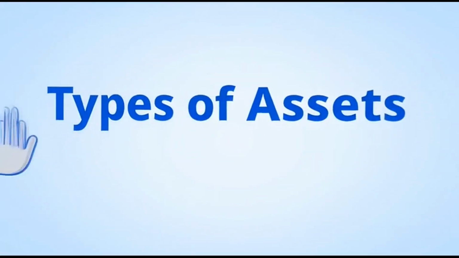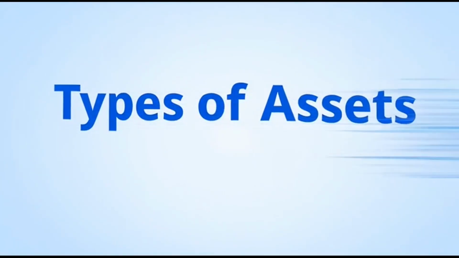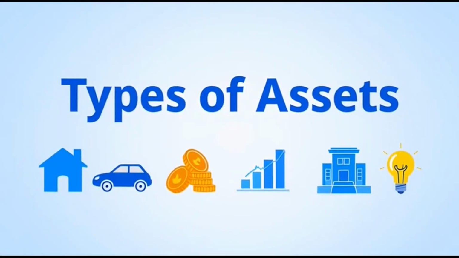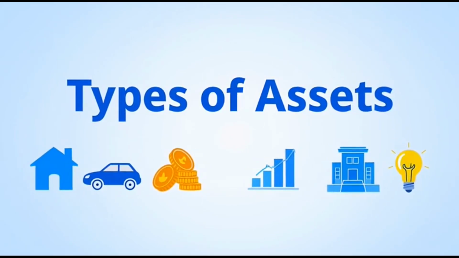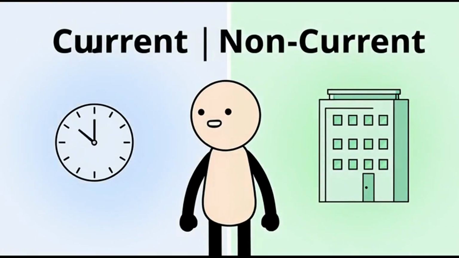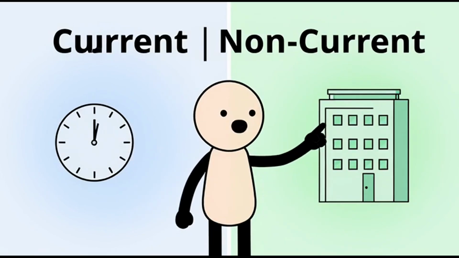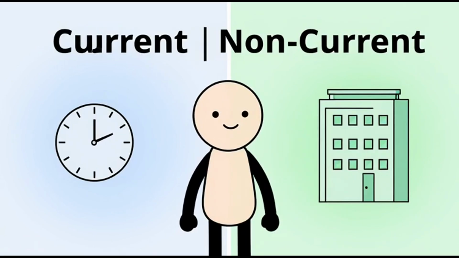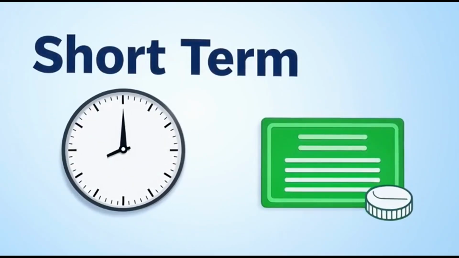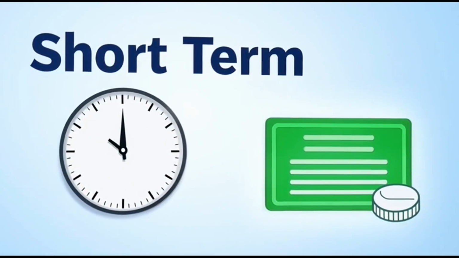Now let's understand types of assets. Assets are divided into current and non-current. Current assets are used within 1 year.